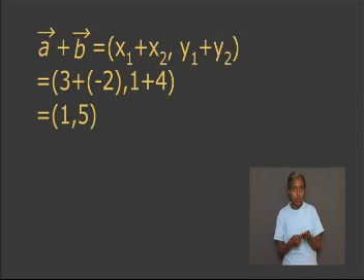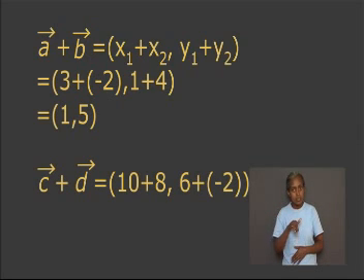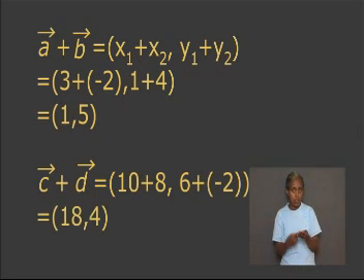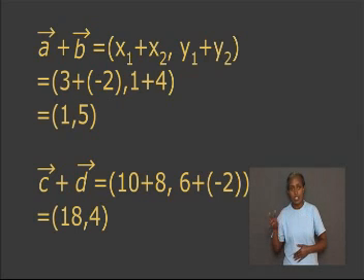Therefore, their sum equals (1, 5). Similarly, the sum of 10 and 8 is 18, and the sum of 6 and -2 is 4. Therefore, the sum of vectors C and D is (18, 4). I am confident that you had no trouble adding these vectors by their components.